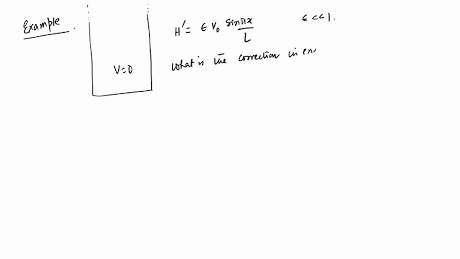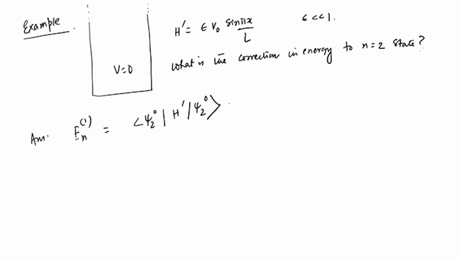what is the correction in energy to the n equal to 2 state, which means the first excited state. Okay. That is the question, and the answer is simple, because what you have to do is calculate the energy correction, which can be obtained using the unperturbed state for n equal to 2 and the H prime.